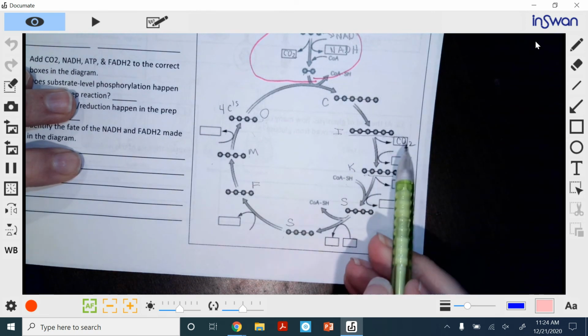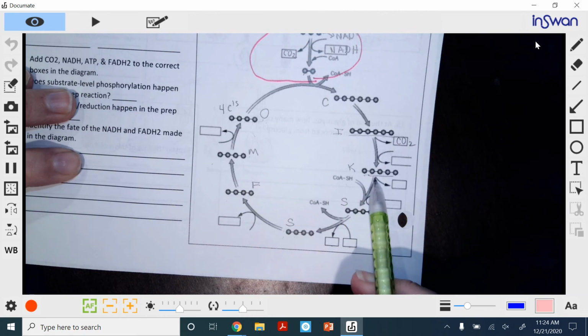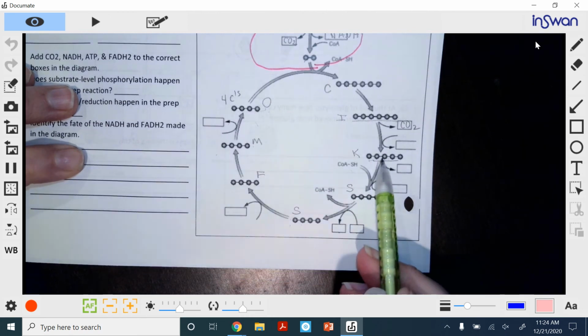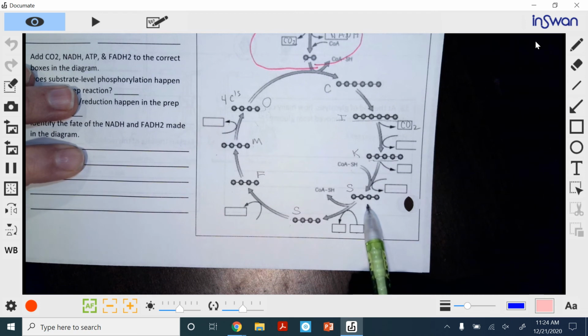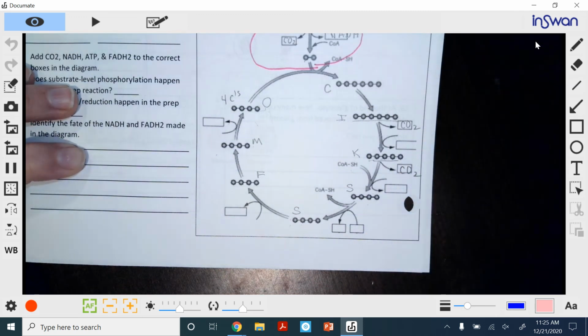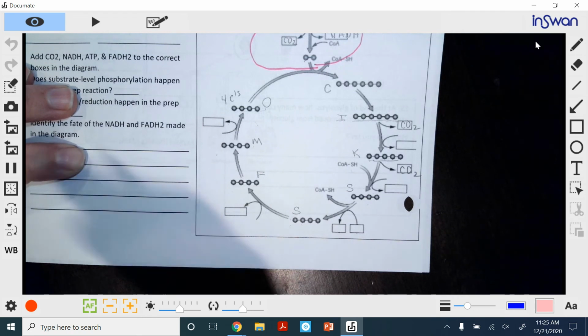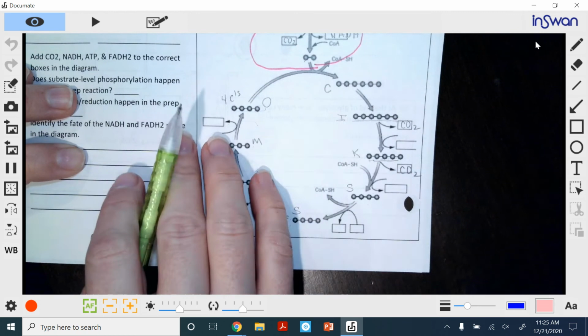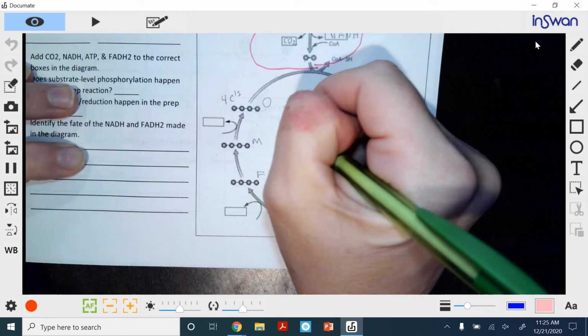If we lose a C, now this molecule isn't going to have as many C's, right? And then can you see we go from 5 C's to 4 C's? I just want this to make sense to you guys. So obviously a CO2 had to be removed.